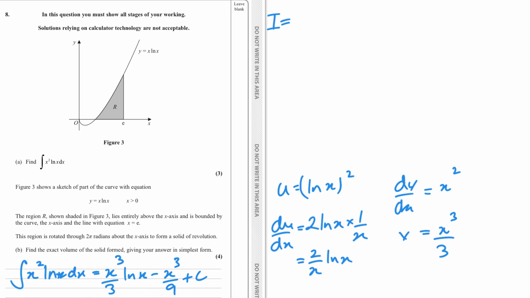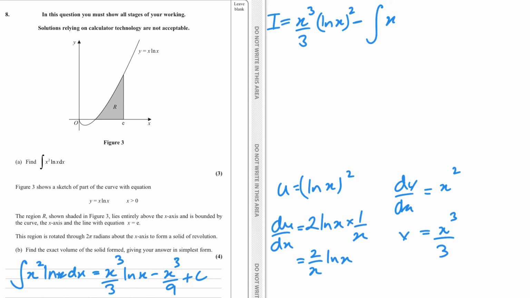Now we can say I equals u times v, so x cubed over 3 times ln x squared, minus the integral of v du by dx.